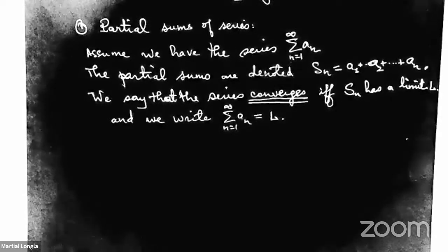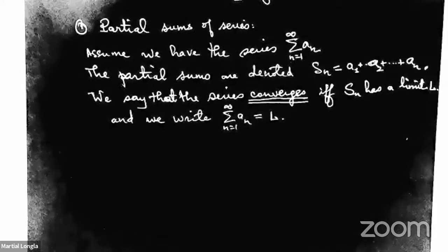So if we have a series, the sum from n equals 1 to infinity of a_n, the partial sums of that series are denoted S_n, and that's equal to a_1 plus a_2 plus up to a_n, the sum of the first n terms.